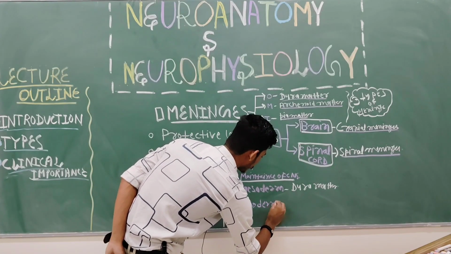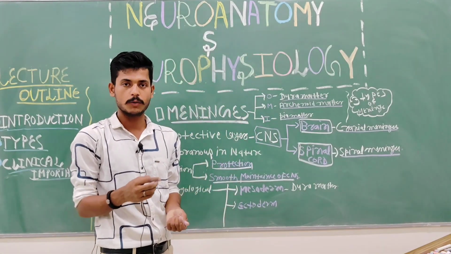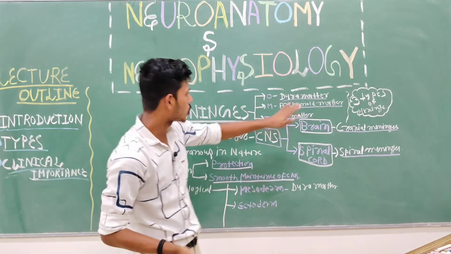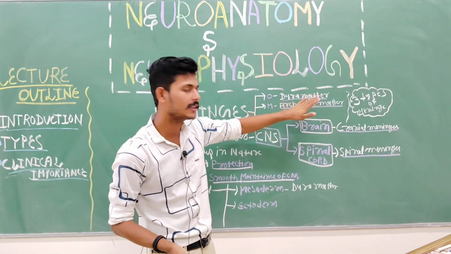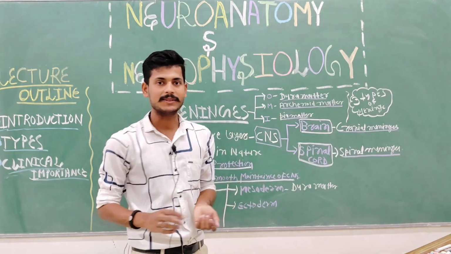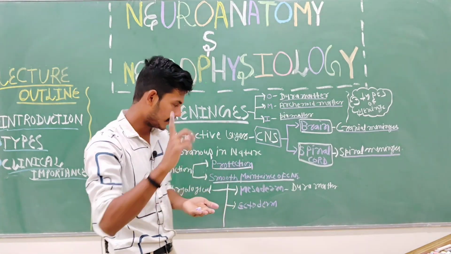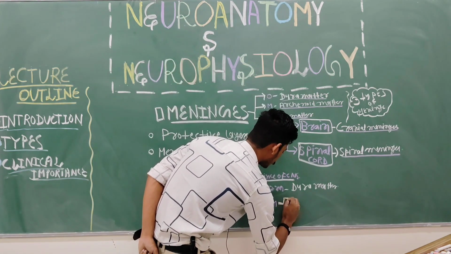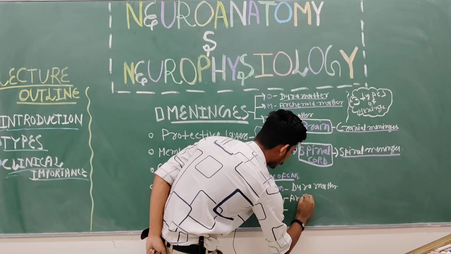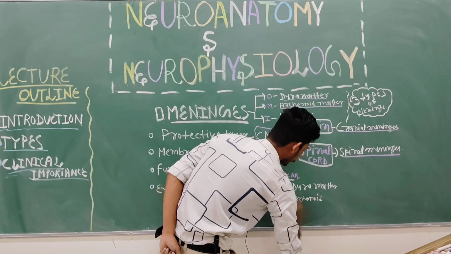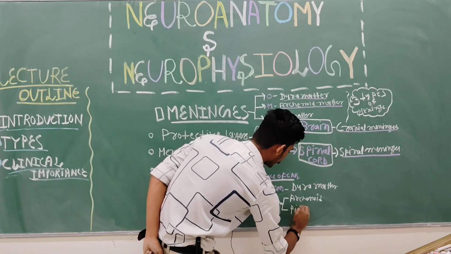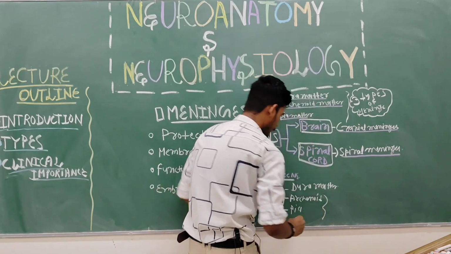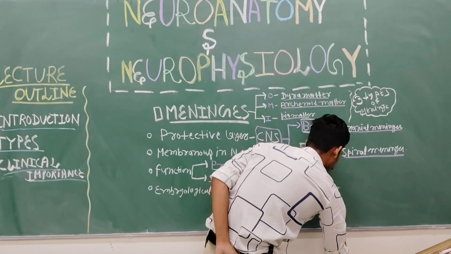Because they are derived from the ectoderm, and structurally both are softer than the dura mater, they are termed leptomeninges. Write it down. These two layers, arachnoid mater and pia mater, are together jointly called leptomeninges.